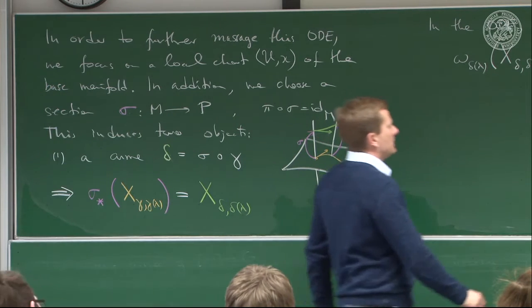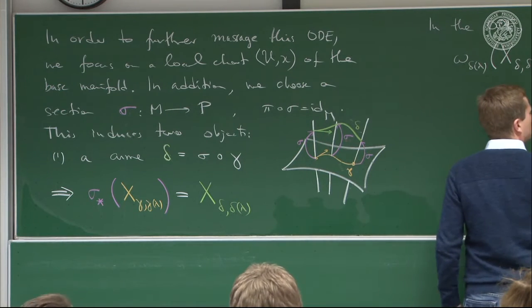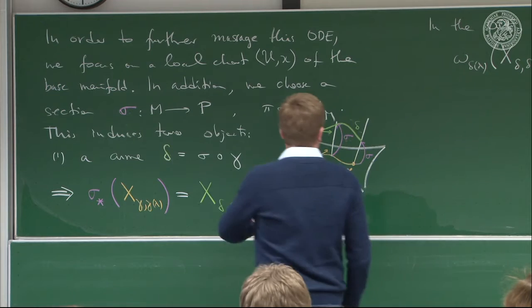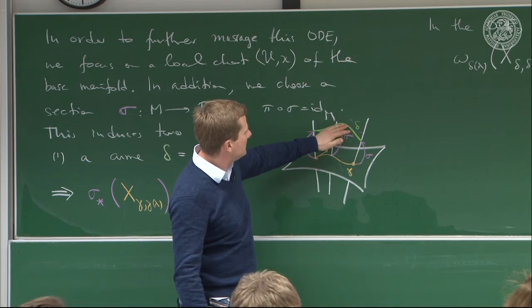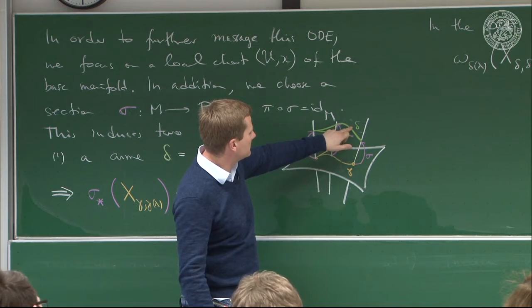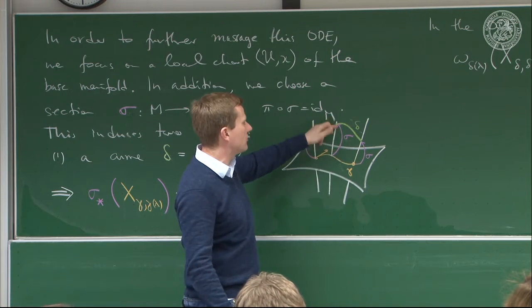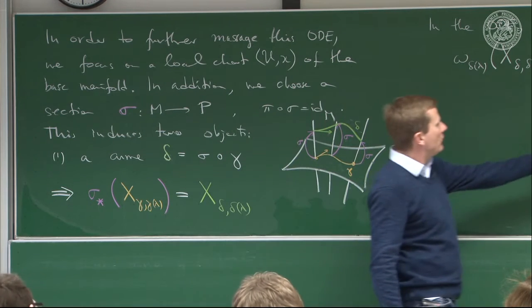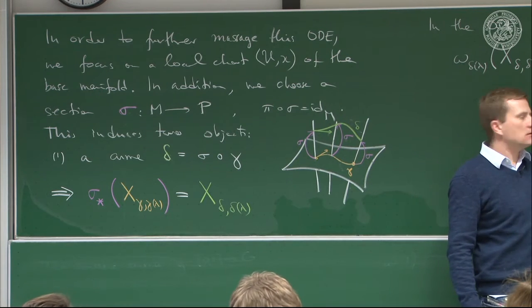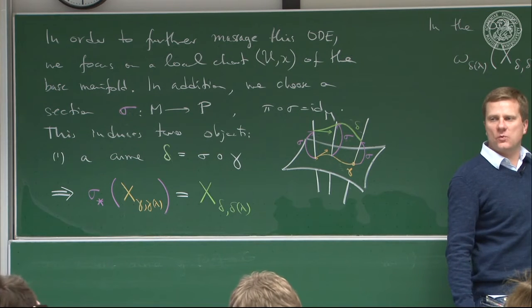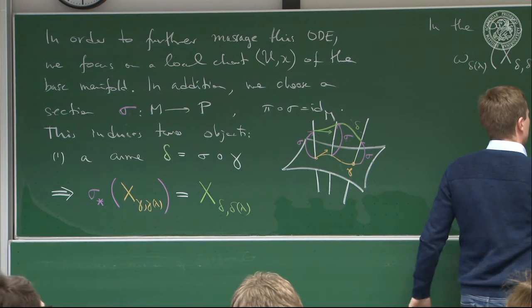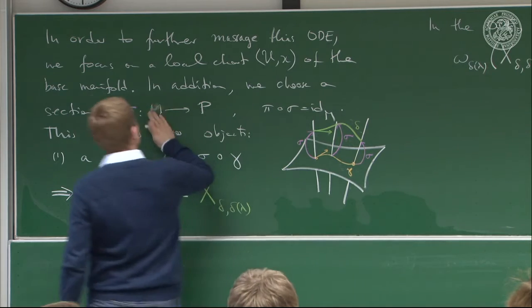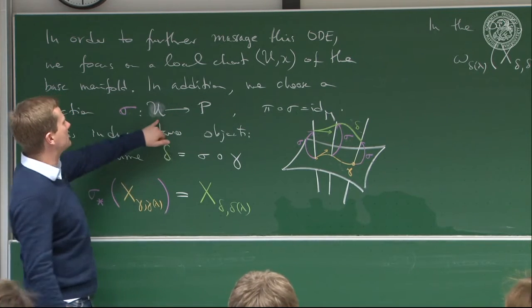But this is the whole point of having generated the curve delta by virtue of a section: we know what the pullback of the connection 1-form via a section is. I'm sorry, it should be a local section here.